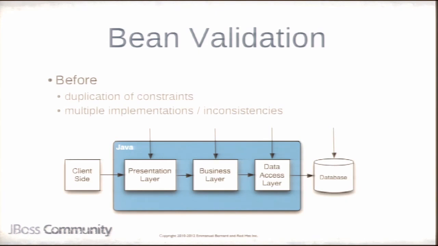Then at the business layer, you either manually coded the validation or used some kind of validation framework as well. Then your data access layer, let's say Hibernate, would also provide some rudimentary validation capabilities. This should not be null. This should be limited to 50 characters, things like that.